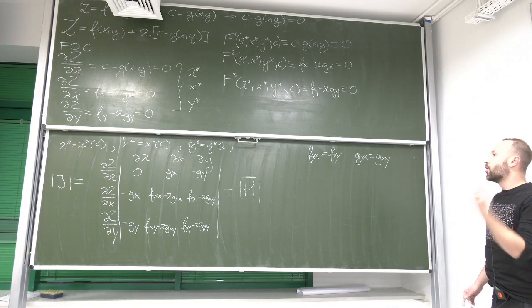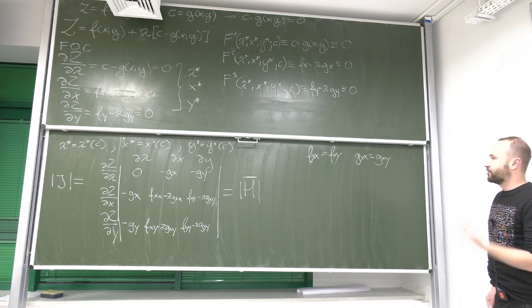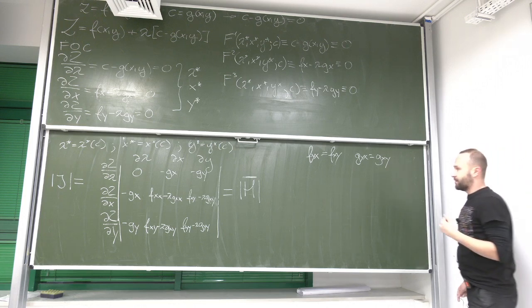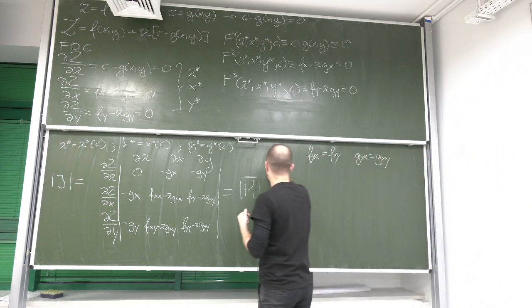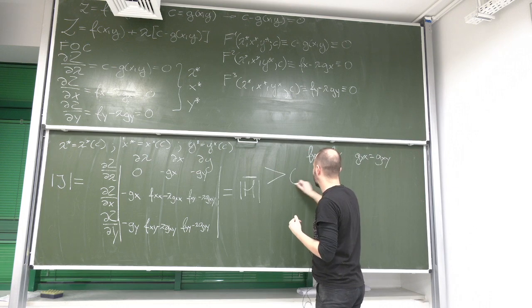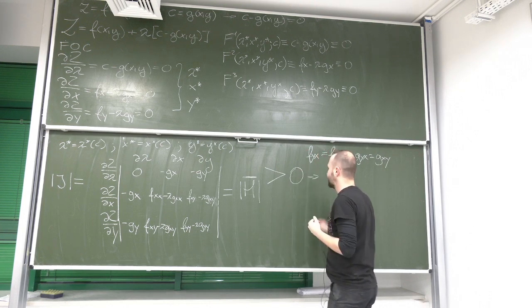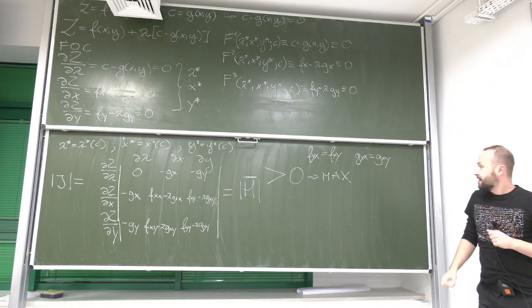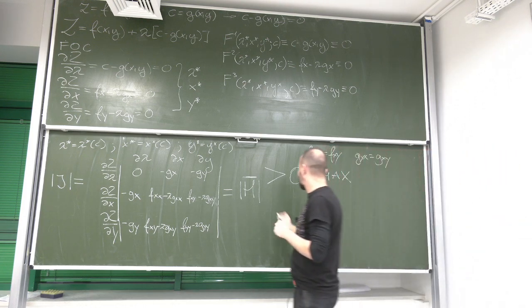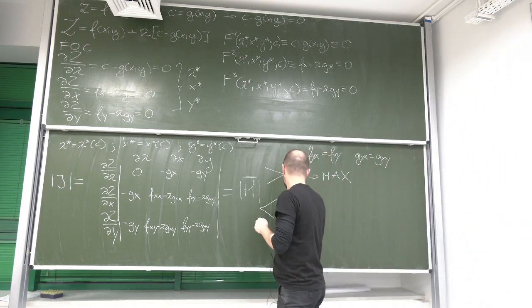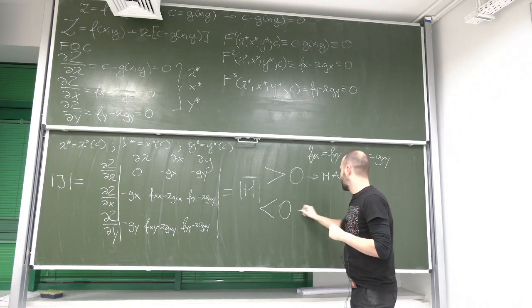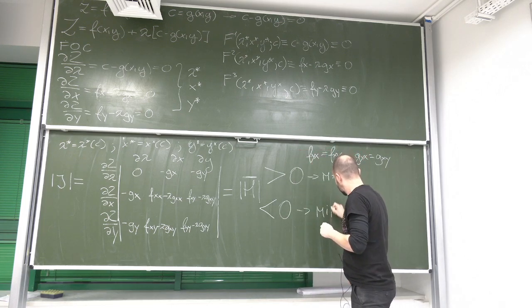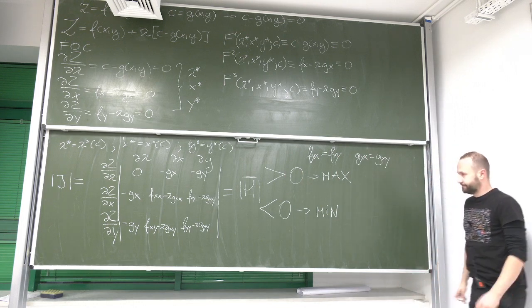Okay, so what does this imply for us? We remember that if the bordered Hessian is bigger than 0, we have a maximum, right? Then we remember also that when the bordered Hessian is lower than 0, then we have a minimum.